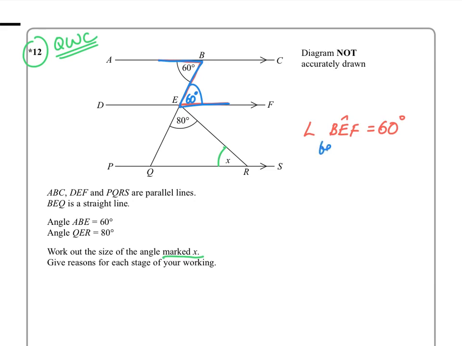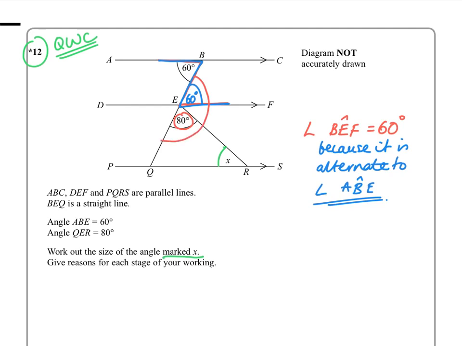So we can say because it is alternate to angle ABE. So if we know that was 60, then we really do know this one, because we've got 80 and 60 and we've got angles on a straight line. So 80 and 60 are 140, so this angle here is 40.